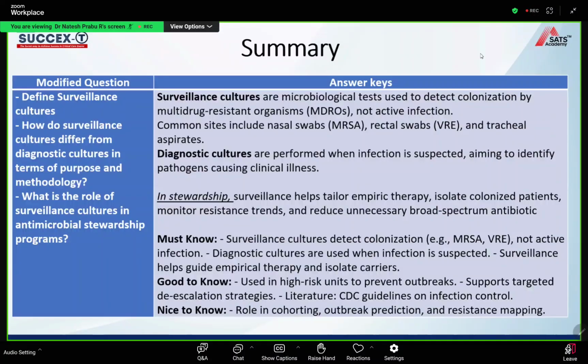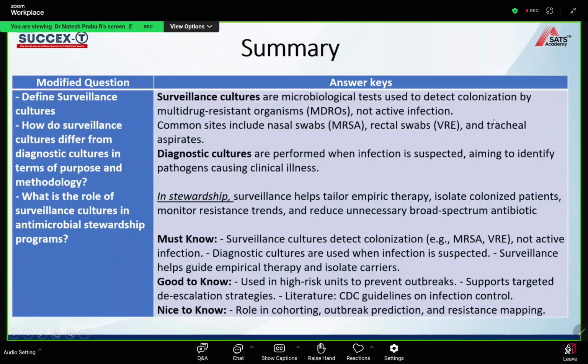Basically, a surveillance culture is a microbiological test to detect colonization by multi-drug resistant organisms. Commonly sampled sites are nasal swabs, rectal swabs, and tracheal aspirates. Diagnostic cultures are performed when there is clinical illness.